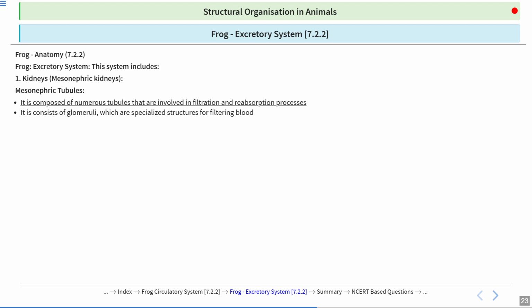A glomerulus is present in a cup-like structure, Bowman's capsule, and another part is the renal part. The glomeruli are enclosed in a capsule called the Malpighian body or Malpighian capsule.